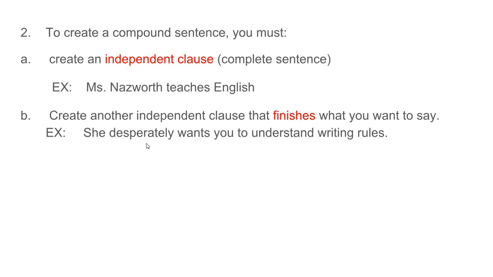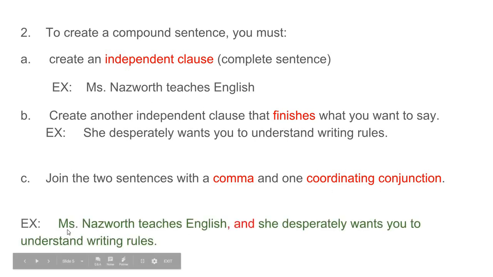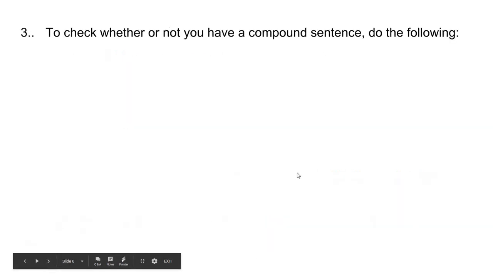Like, for example, she desperately wants you to understand writing rules. I'm going to join those two sentences with a comma and one coordinating conjunction. Remember, those are the FANBOYS. So I'd have something like, Miss Nasworth teaches English. There's my complete sentence. Comma, and she desperately wants you to understand writing rules. There's my other complete sentence.